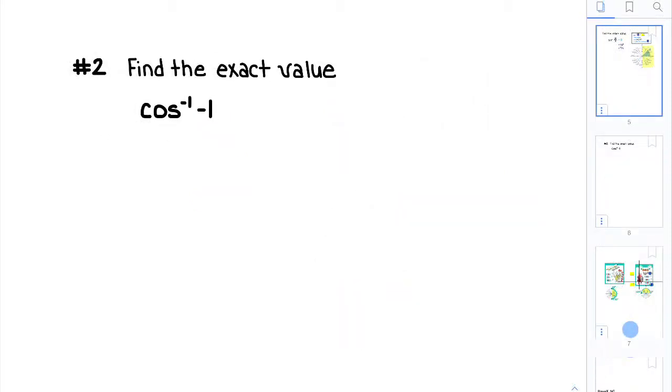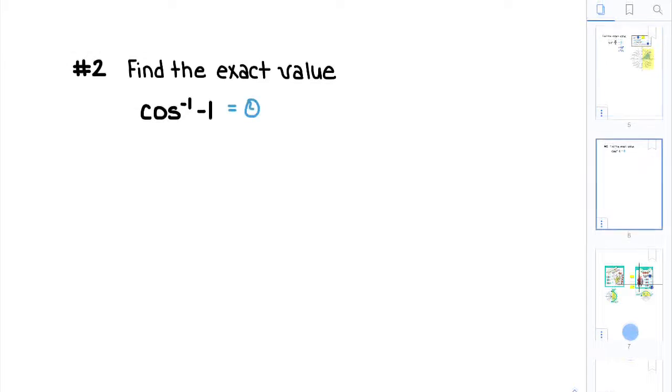The next question is find the exact value of inverse cosine of negative 1. Remember, the answer to all inverse trig functions is an angle measure. Since it's an angle measure, I might want to say equals theta.